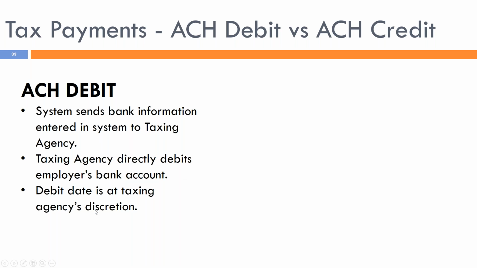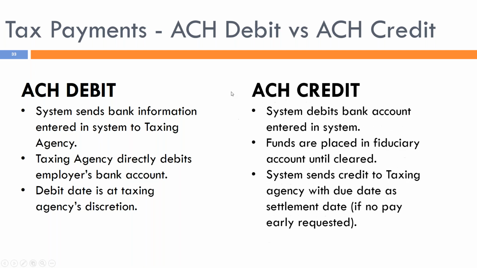The debit date is at the taxing agency's discretion. With the ACH credit method, the system debits the bank account entered in the system. The funds are placed in the fiduciary account until they're cleared. Then the system sends the credit to the taxing agency with the due date as a settlement date if it has not been requested to pay earlier.